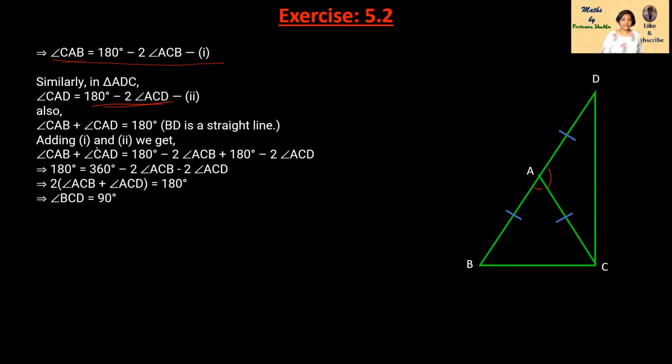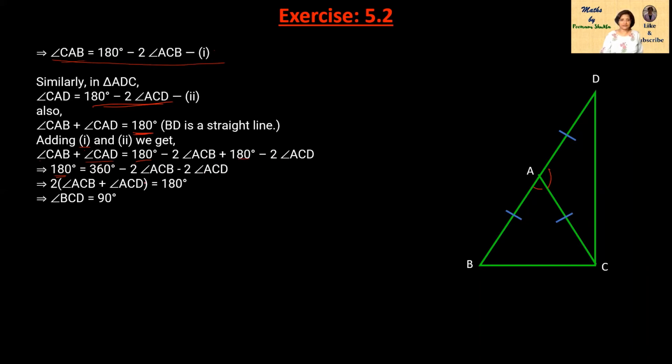In place of angle CAB plus angle CAD, we can write 180 from here. So 180 equals 360 minus 2 ACB minus 2 ACD.